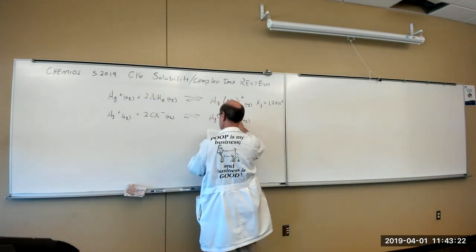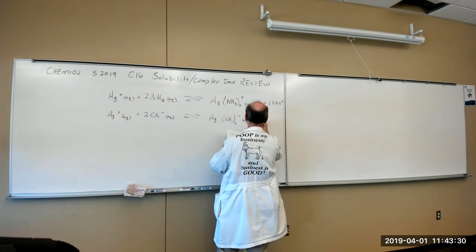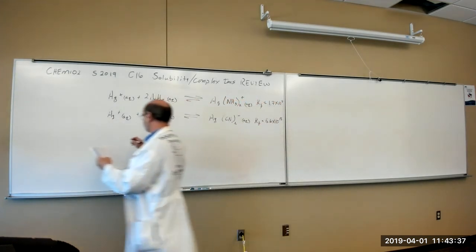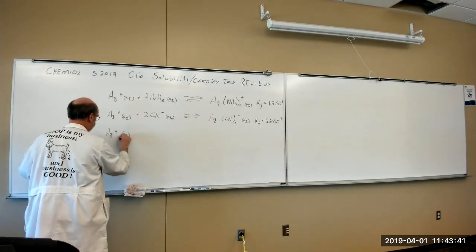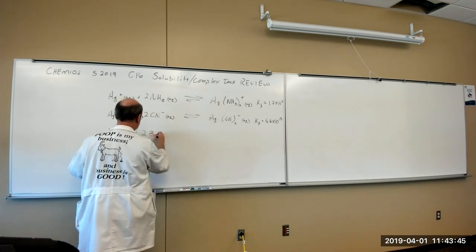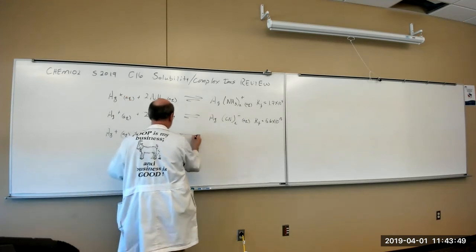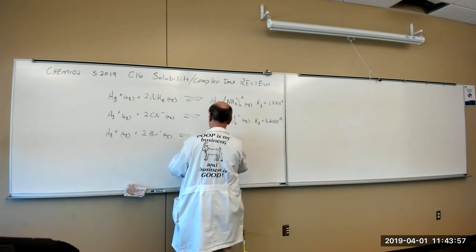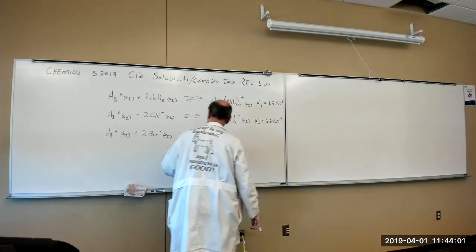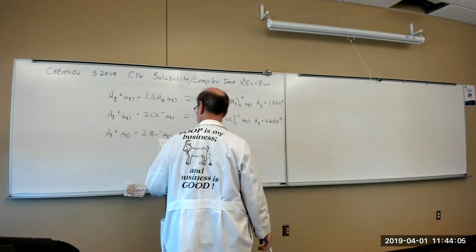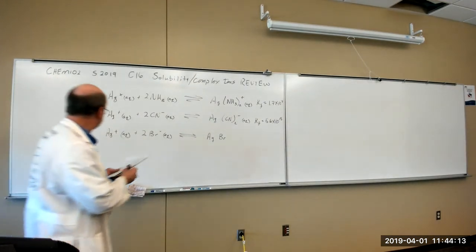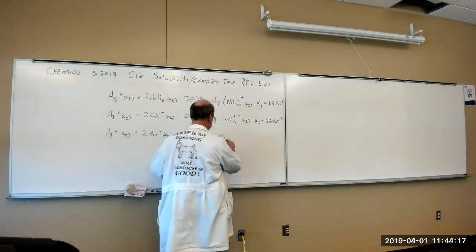And that should be like that. So when you have a KF, you write the complex ion as the product. Yes, that's true.